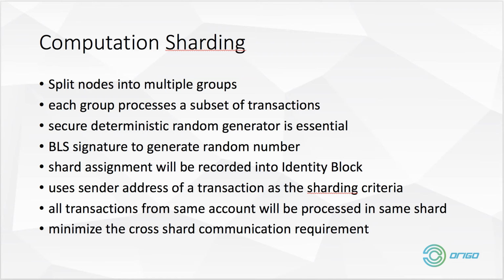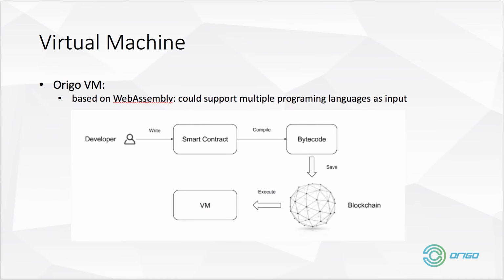Besides that, we also have our design for virtual machines. I want to give an introduction to the virtual machine today, and we will go into more detail tomorrow. A virtual machine is especially important for smart contracts, because you need that virtual machine environment to run the smart contract.